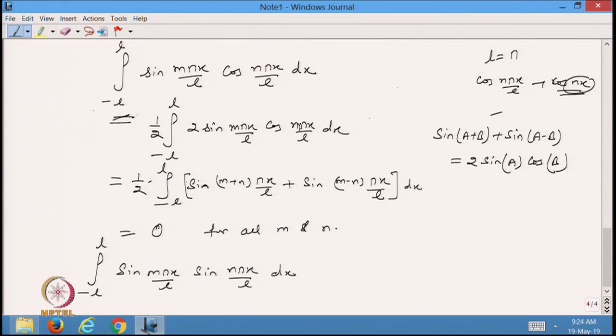So, this one we want to find out. If you do the integration in the same way, putting in the trigonometric identities, then you will see that this is equal to 0 when m is not equal to n, and when m is equal to n its value is L. So, this integral you can do yourself.